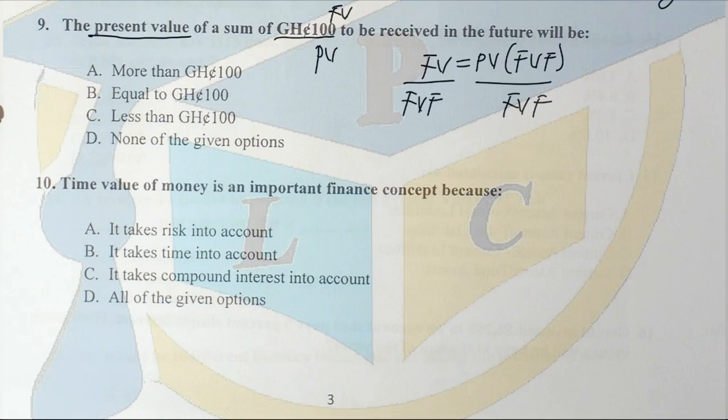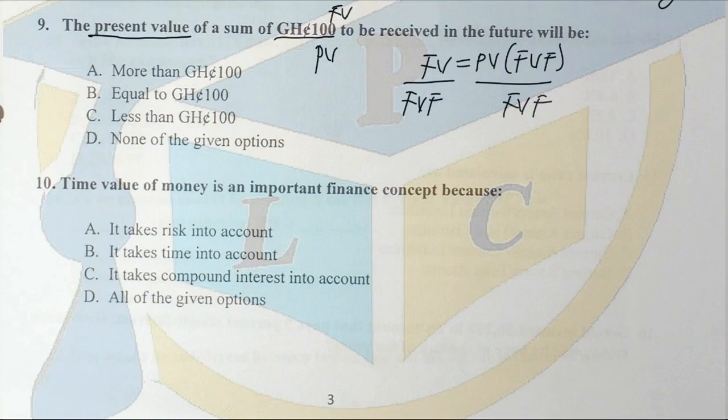Because here we are discounting future cash flows into present terms. So at any time we discount from future cash flow to present terms, the present value is less than the future cash flow.